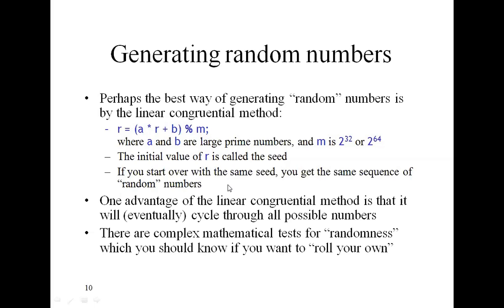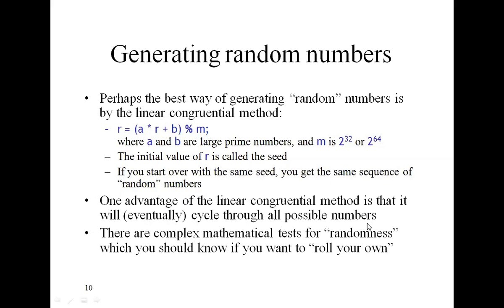If you start over with the same seed, you get the same sequence of random numbers. When you start with the same element, the same seed, then you will get the same sequence of random numbers. The advantage of the linear congruential method is that it will cycle through all possible numbers.